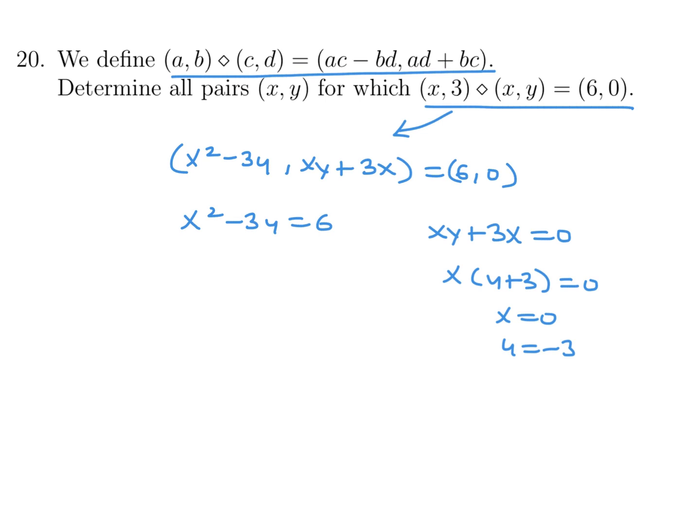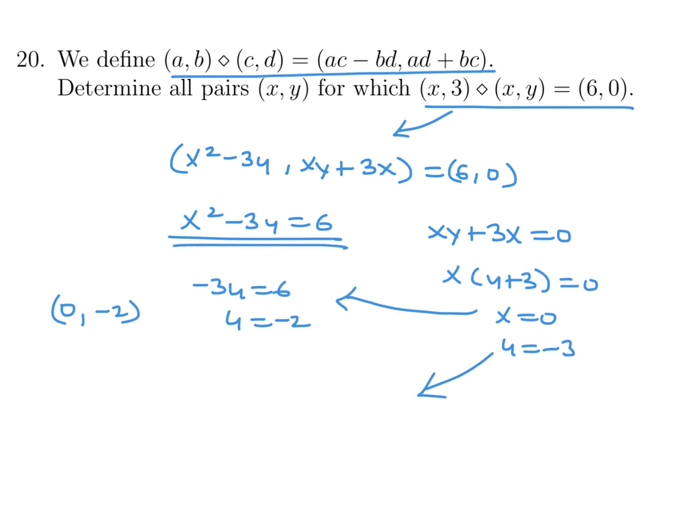Okay, so if x is 0, that put into there makes this minus 3y is 6, so y is minus 2. So my first pair is 0, negative 2. And then now this guy, if y is minus 3, if I put that in there, it'll be x squared minus 3 times minus 3 is 6. So x squared is equal to 6 minus 9.